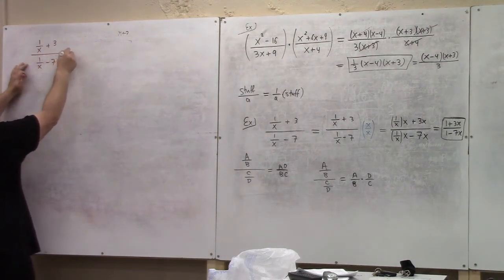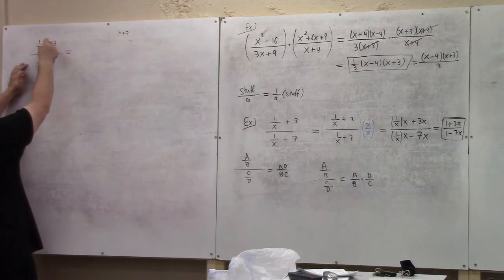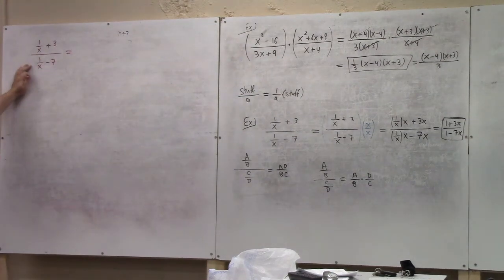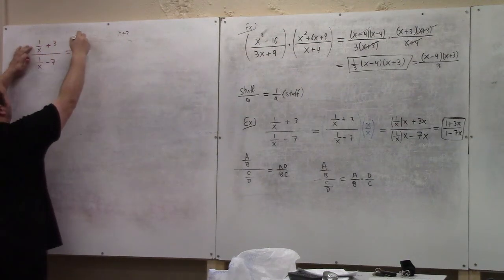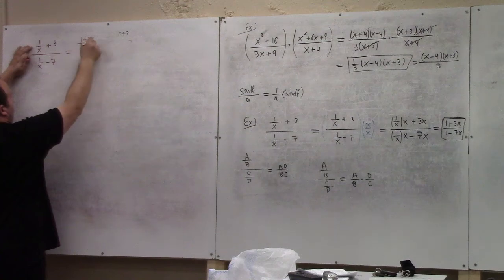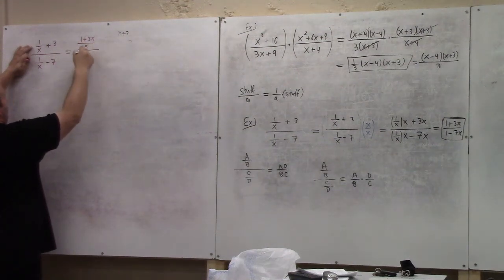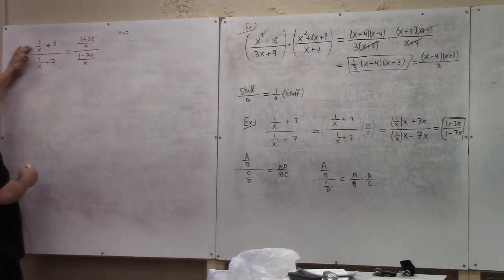If I want to make the numerator and the denominator into fractions, I need to make a common denominator for the top and a common denominator for the bottom. Just so happens it's x. So this is 1 plus 3x over x, and this is 1 minus 7x over x.